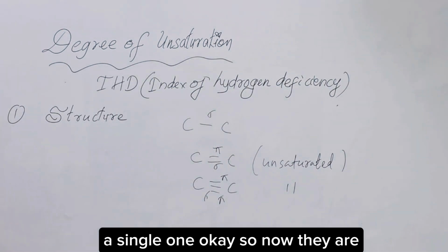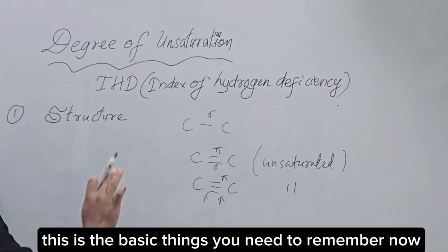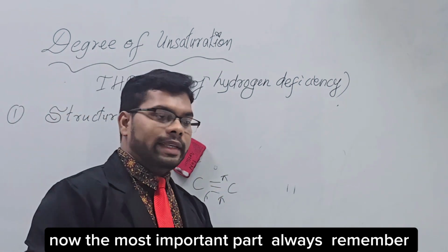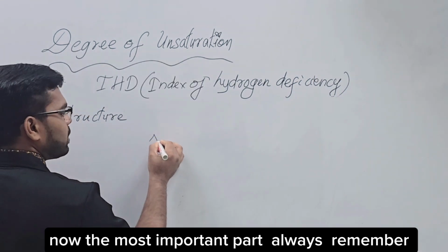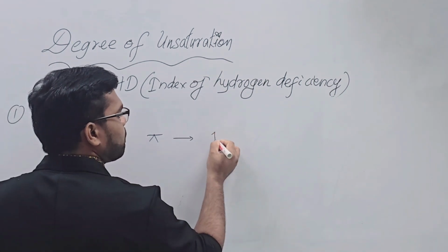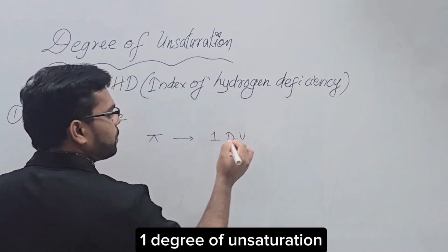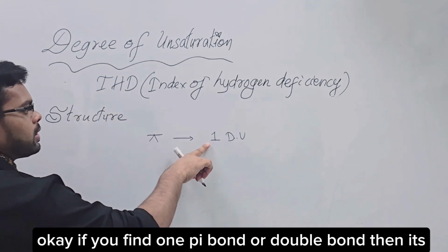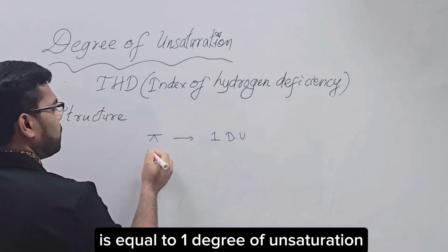Okay? So this is the basic thing you need to remember. Now the most important part, always remember 1 pi bond is equivalent to 1 degree of unsaturation. If you find 1 pi bond or 1 double bond, it is equal to 1 degree of unsaturation.